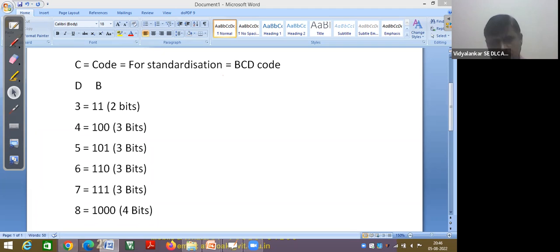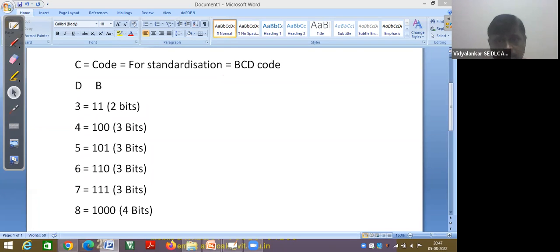Otherwise, today we started with what is a number system, what are common number systems, what are the possible conversions, what is a conversion, why we need conversion, and 4 conversions we have completed out of 12. And we just introduced why we need code.